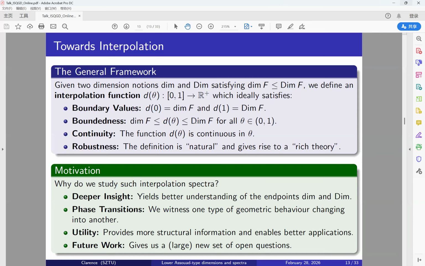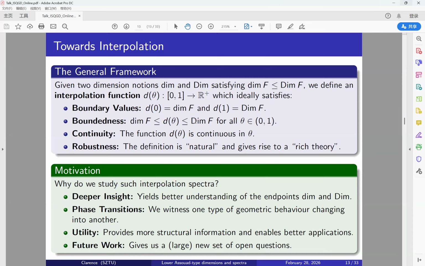So why do we consider dimension interpolation? The first reason is for deeper insight into geometric or analytical properties of sets, which requires better understanding of the endpoints, small dim and capital Dim. Also, the interpolation gives some information about the phase transitions of dimensions, where we witness one type of geometric behavior changing into another.